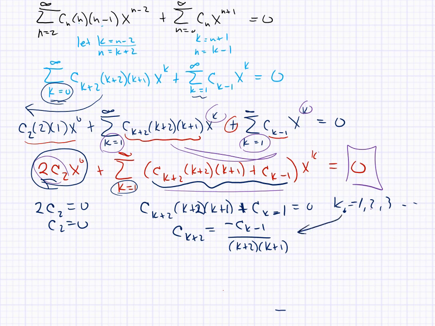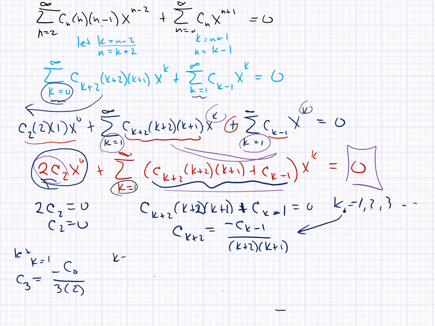And again, using these k's. So what we could say is, all right, well, let's say k equals 1. Well, if k equals 1, we could say that c sub 3 would be negative c sub 0 over 3 times 2.